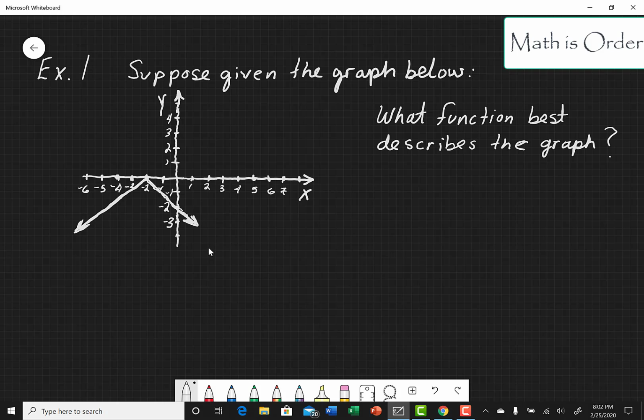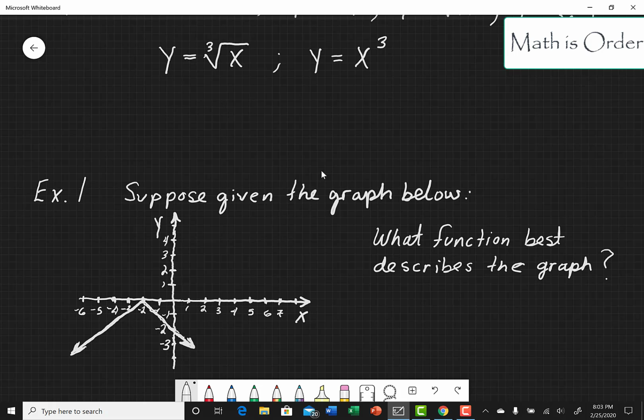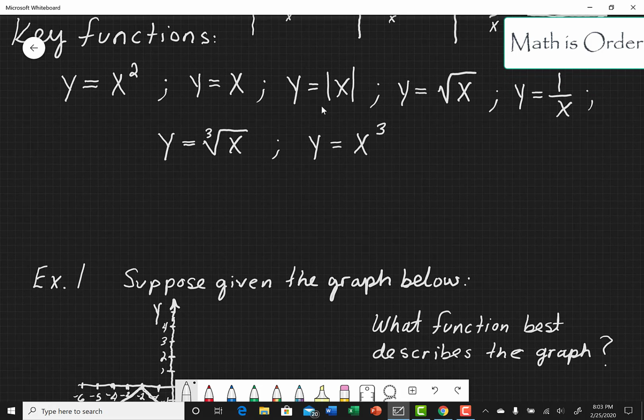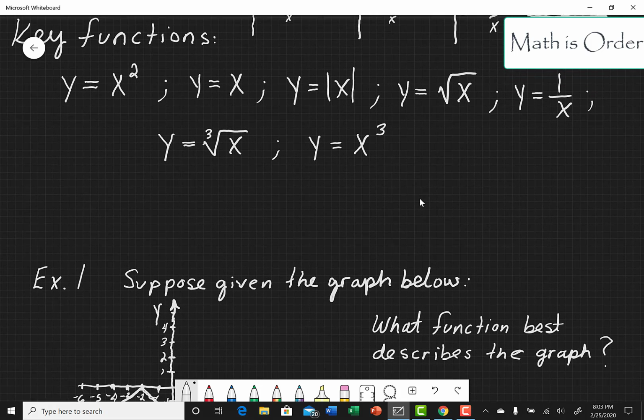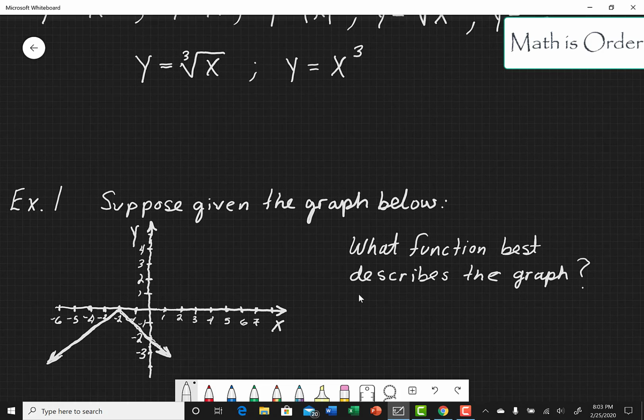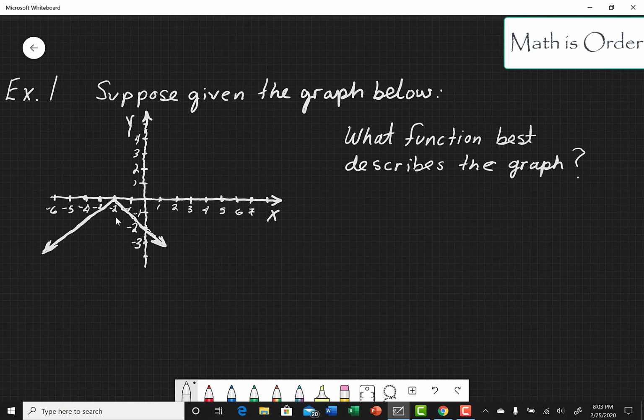But if we know the characteristics of the key graphs, like this graph is V-shaped. So anytime you see a V-shaped graph, you may quickly think that it's an absolute value function, right? So this graph here is an absolute value function.